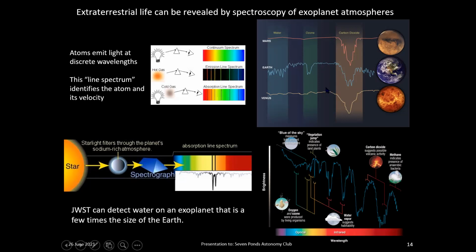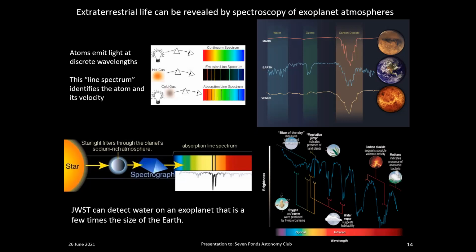If the Earth had no atmosphere, this would be a flat line. And so by recording spectra like this on exoplanets, we will be able to study the chemistry of their atmospheres to search for chemistry that wouldn't be there without biological processes. We'll be searching for what are called biomarkers, chemical species that would be unexpected without biology.